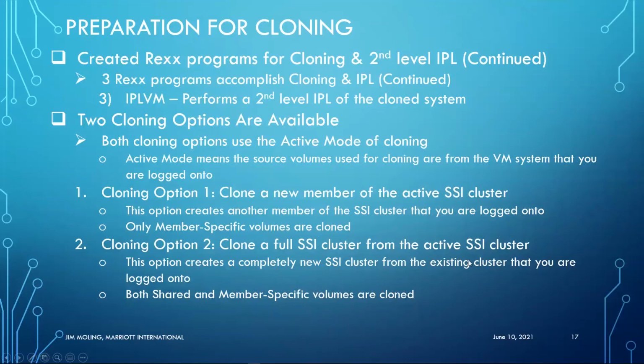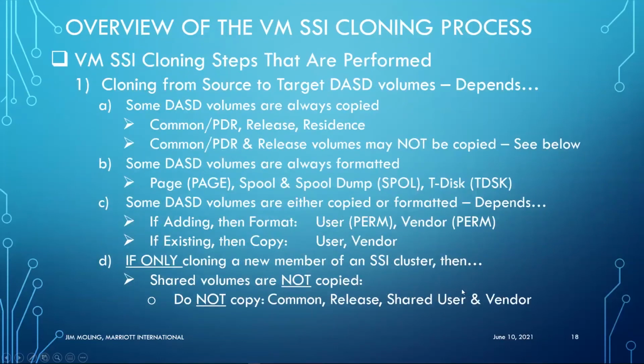Okay, so overview of the cloning process. The first thing we've got to do is basically just copy from source to target volumes, right? Well, as someone often says, it depends, right?